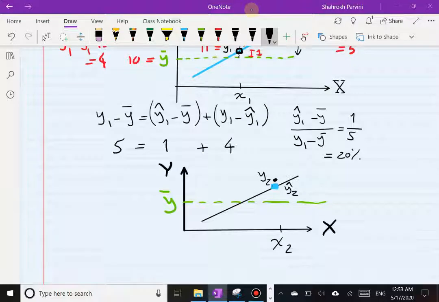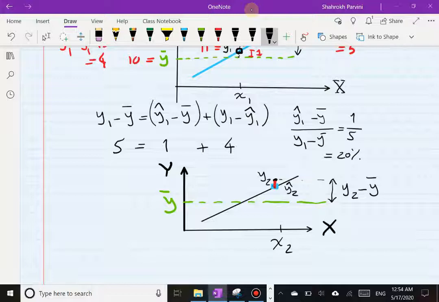Now if you look at this vertical distance right here, notice how small that distance is, right? And let's do what we did before. I want to look at the distance from the actual observed value of y2 to the mean, call that y2 minus y bar.